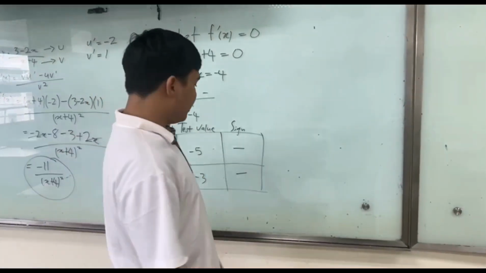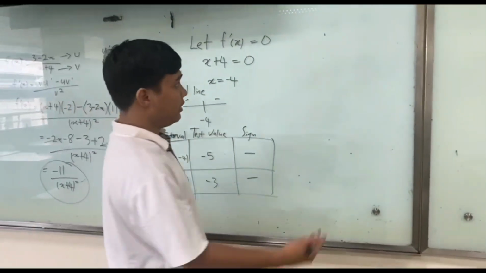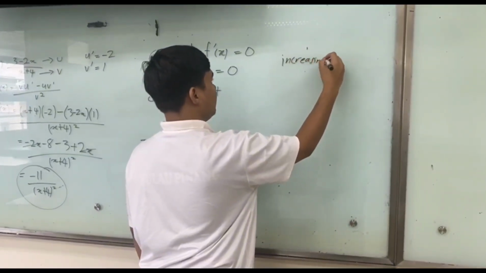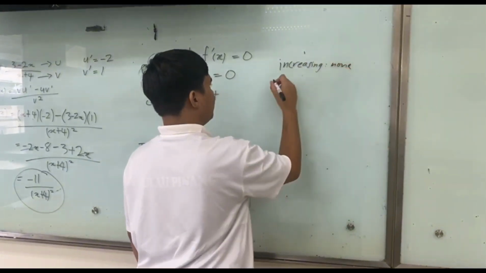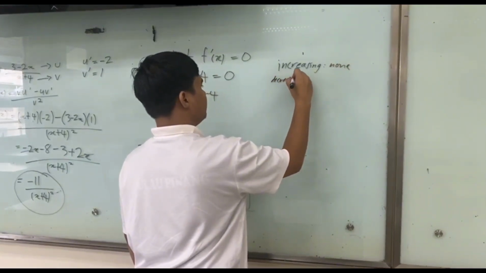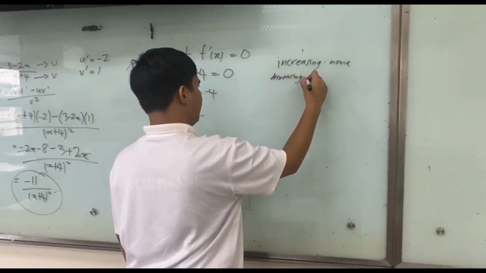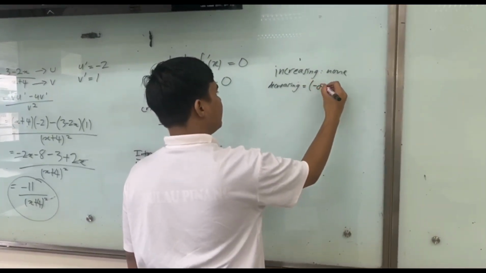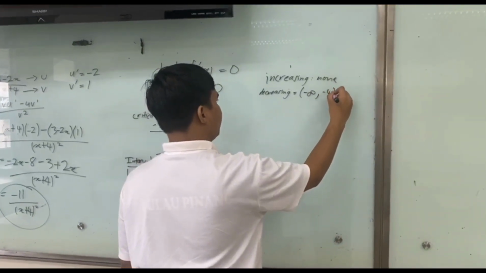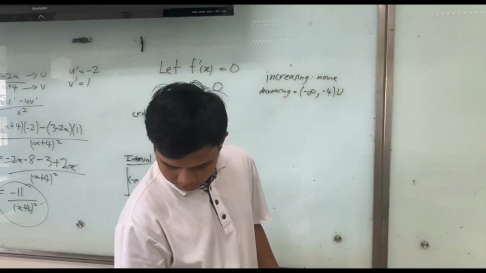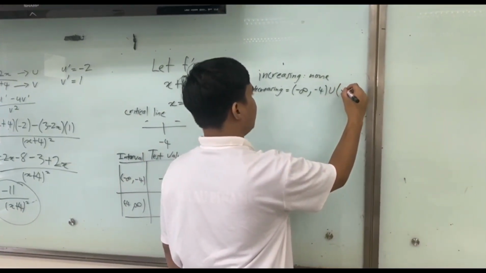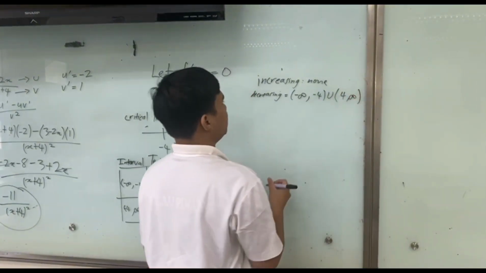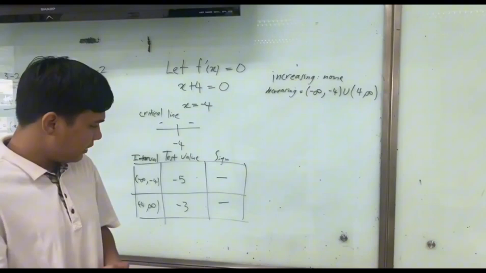Thank you. So as we can see here, the signs are both negative. So the increasing interval is none, while the decreasing interval is negative infinity to negative 4.